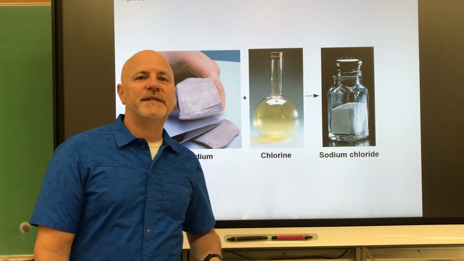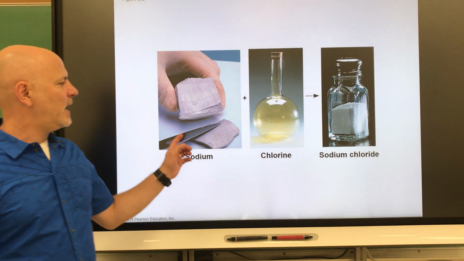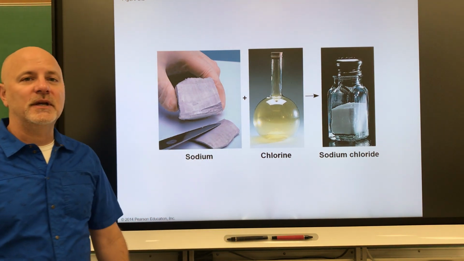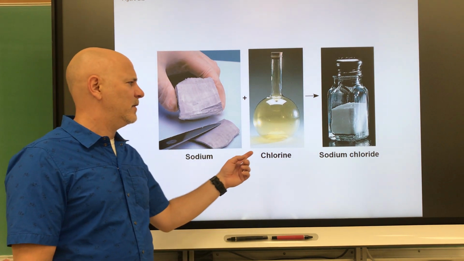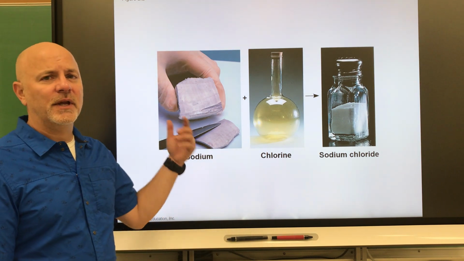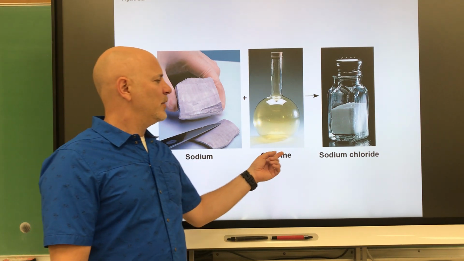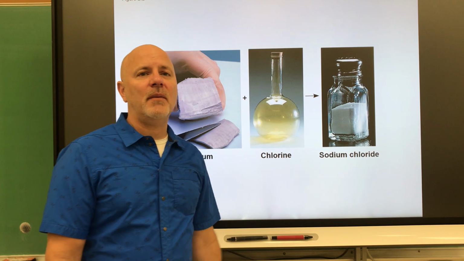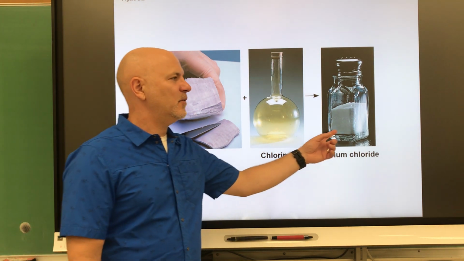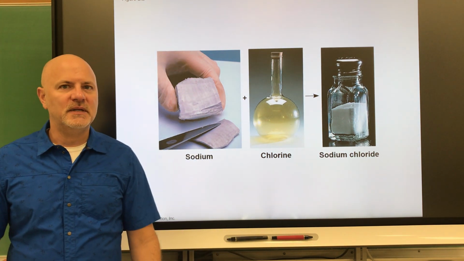Chlorine is a poisonous gas to us. So you have something that can explode and something that can kill us. But when you combine them into a compound, this creates a substance that we cannot live without, sodium chloride, table salt.